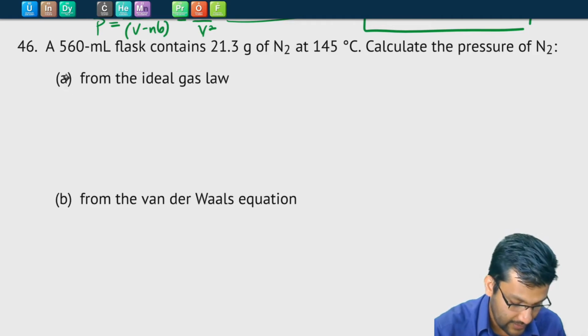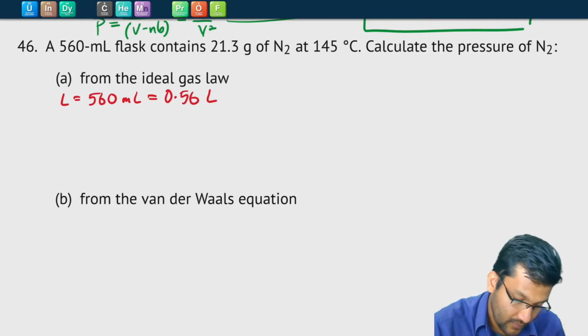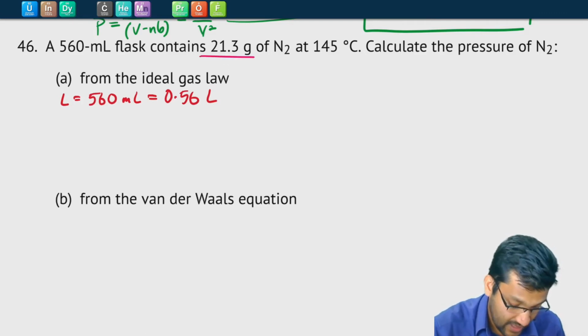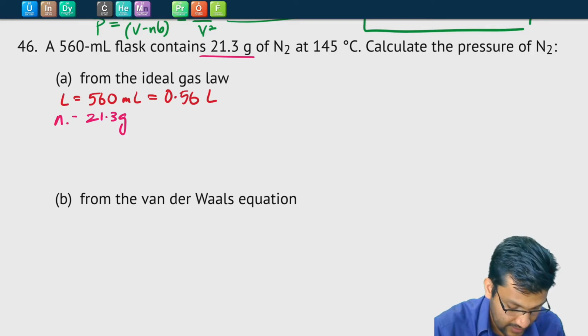All right. Let's see, number 46, our volume is 560 milliliters, but we want this in liters, so this is 0.56 liters, right? 2 sig figs. They give us the mass, so we know that we can convert mass to number of moles. So let's do that right away.